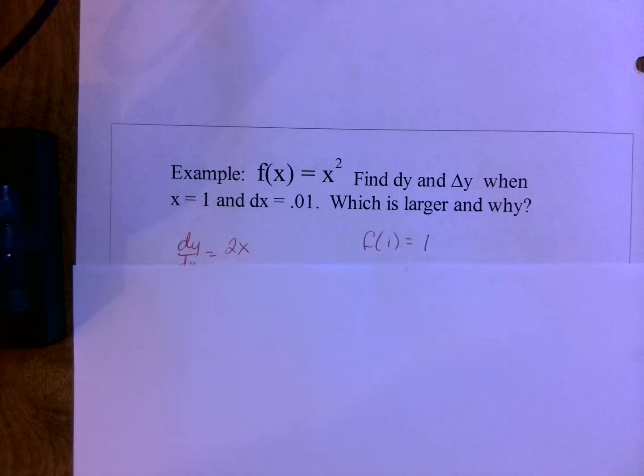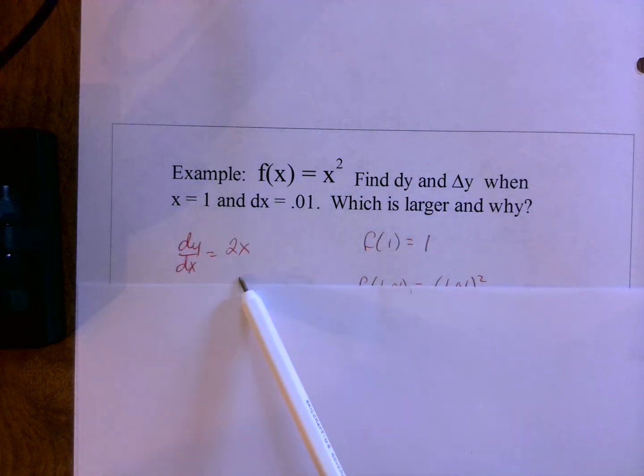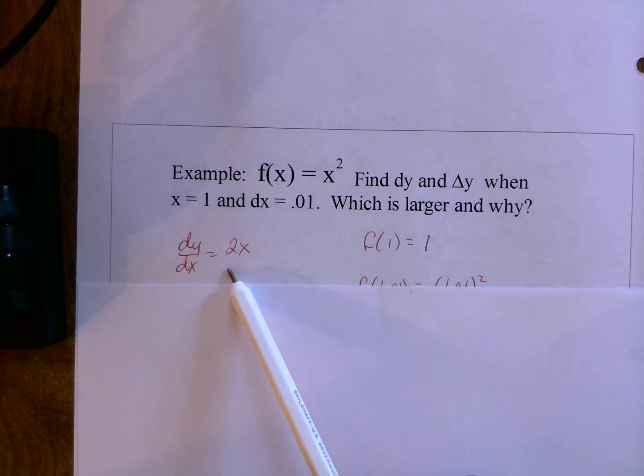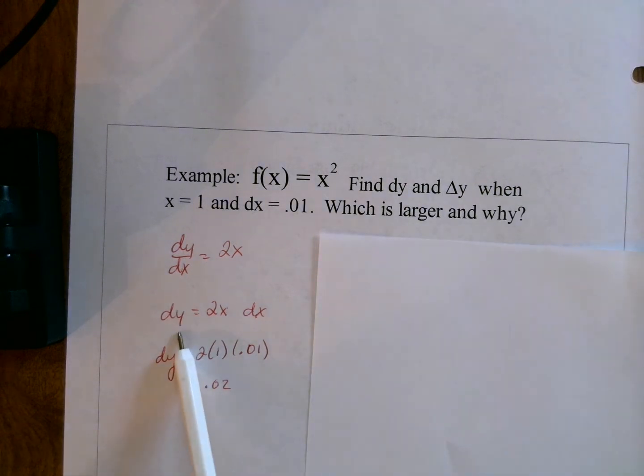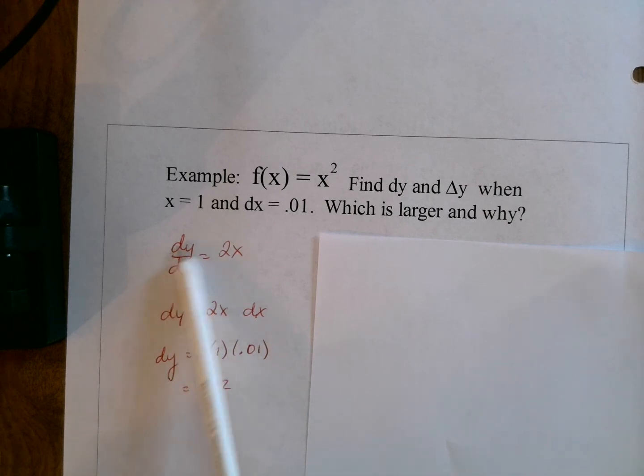But, all right. Right here, dy dx, cross multiply, dy is 2x dx. When x is 1 and dx is 0.01, the change in y would be 0.02.